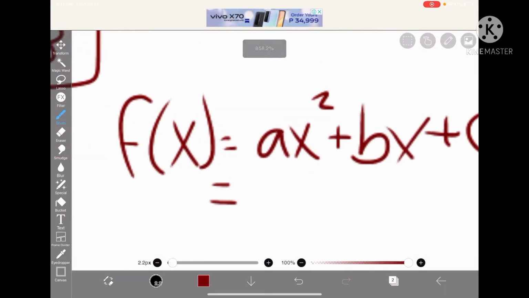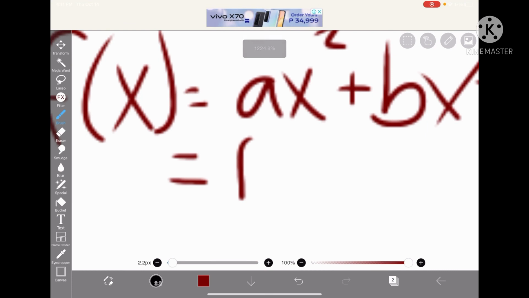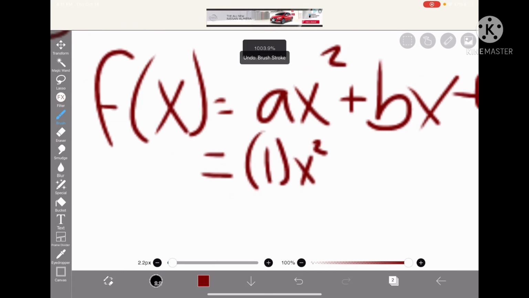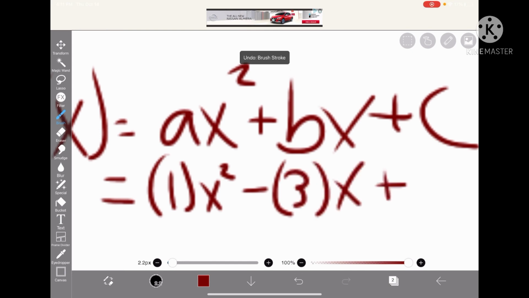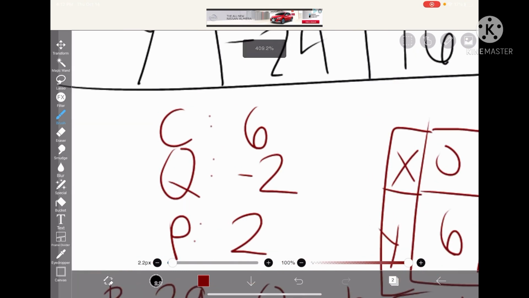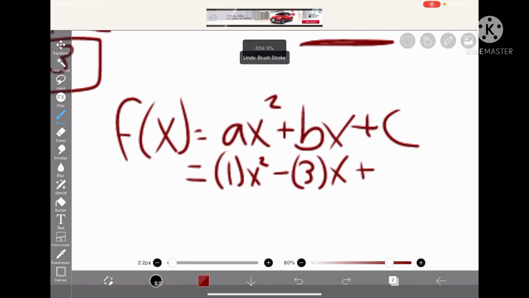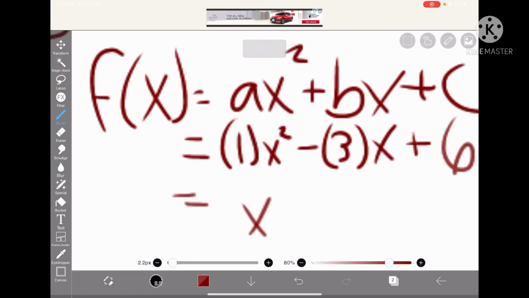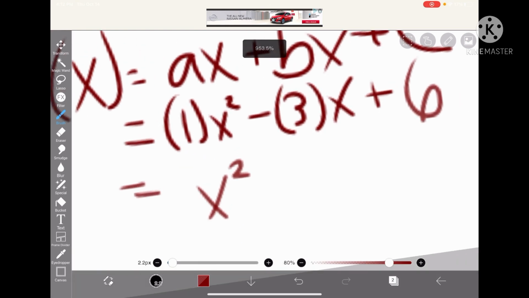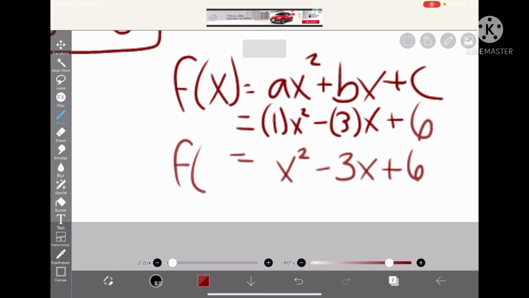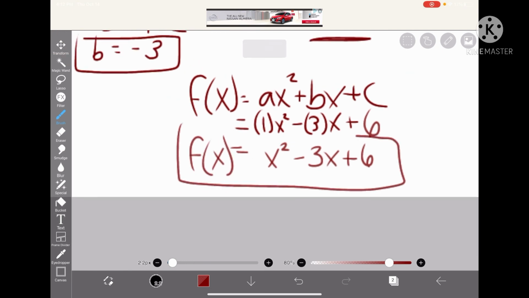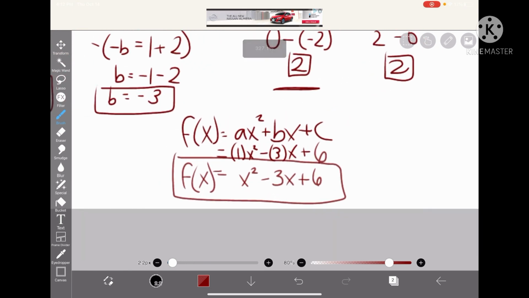The value of A is 1, the value for B is negative 3, and the value for C is the one that we found earlier, which is 6. Negative times positive, of course, is negative 3x plus 6. So the answer for this equation is f(x) equals x squared minus 3x plus 6.